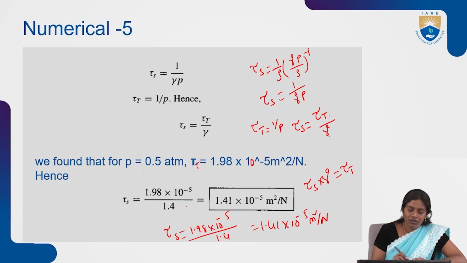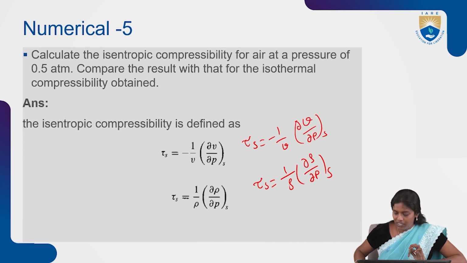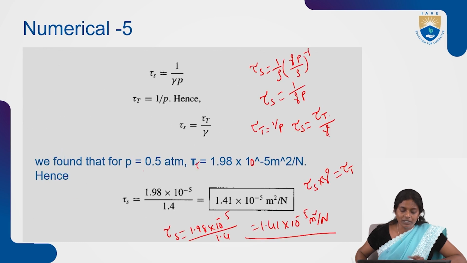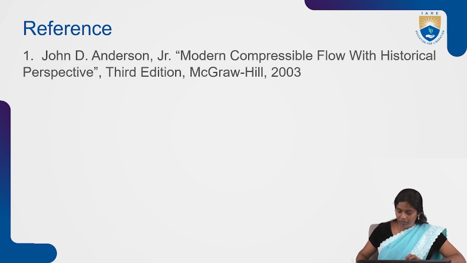So from here we have found the tau s value, that is the isentropic compressibility value, and we have compared the results with the isothermal compressibility, right? So these are some of the numericals from the first unit. These numericals have been taken from Modern Compressible Flow with Historical Perspective by J.D. Anderson.